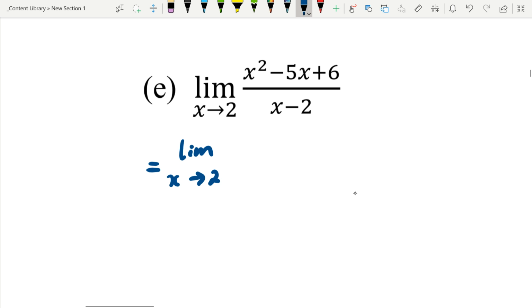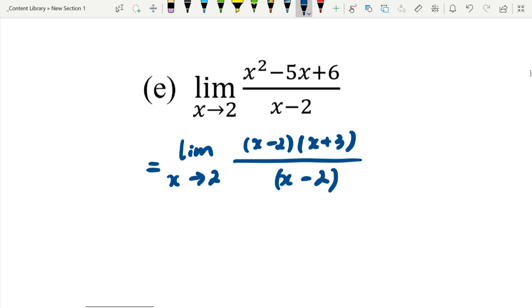We need to factorize that. So we have x minus 2 and x plus 3 on top. So factorize that first, and I can cancel those two. But that's not 0. Can you see that? That's not 0. So can I sub that in now? Yes. So 2 plus 3, which is 5.